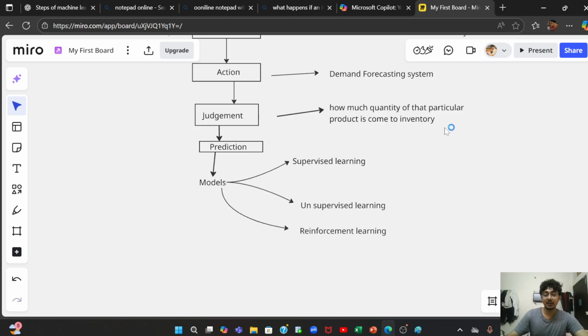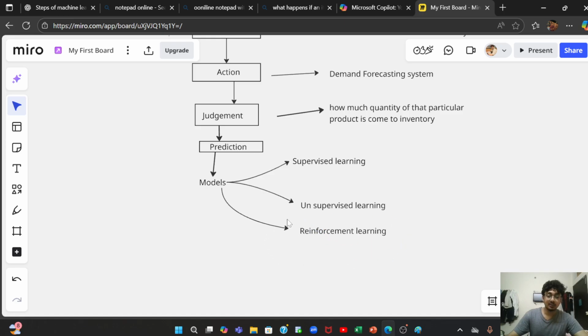There should be a target column so that on the basis of that we make a decision. In unsupervised learning, there shouldn't be any labeled data. We group according to the similarities of data points.